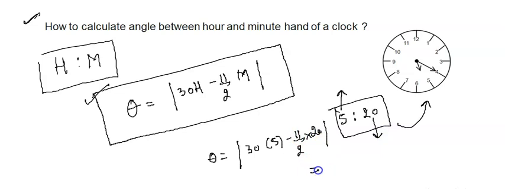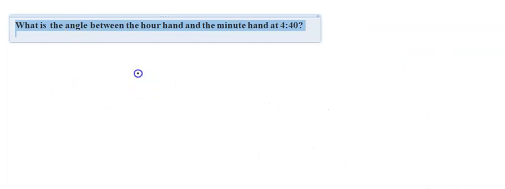Solving this, you will get 150 minus 110, so it will be 40 degrees. So 40 degrees will be the answer between the minute hand and hour hand of a clock when the time is 5:20. Let's try one more question.